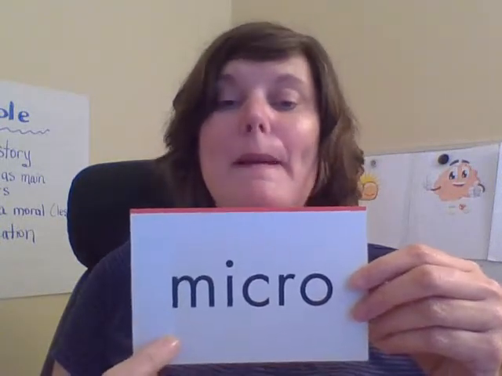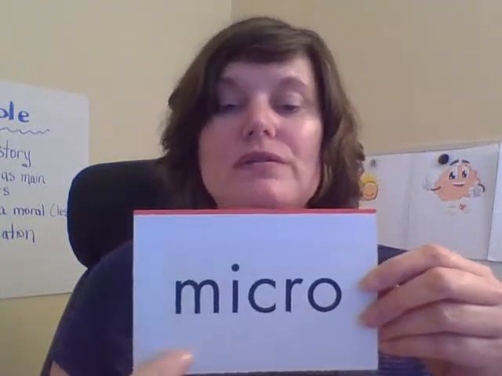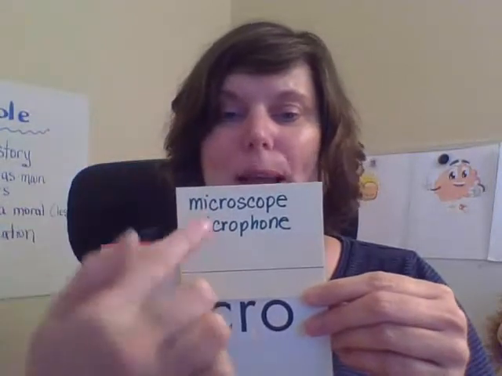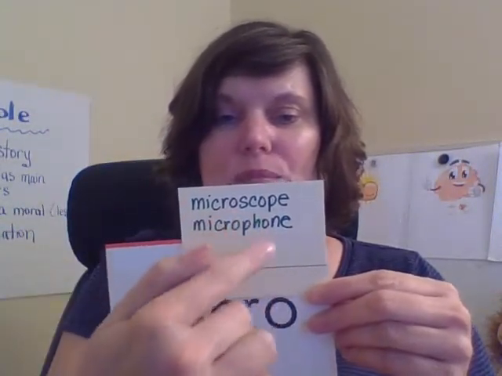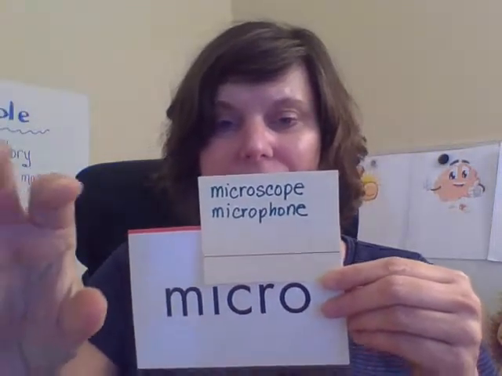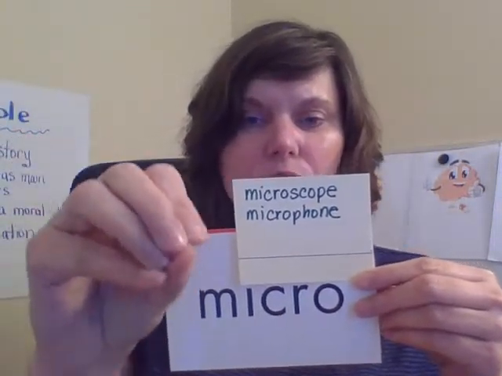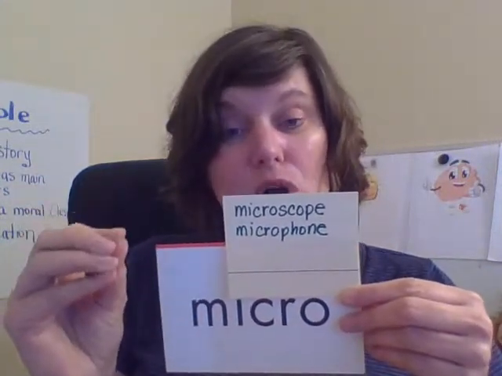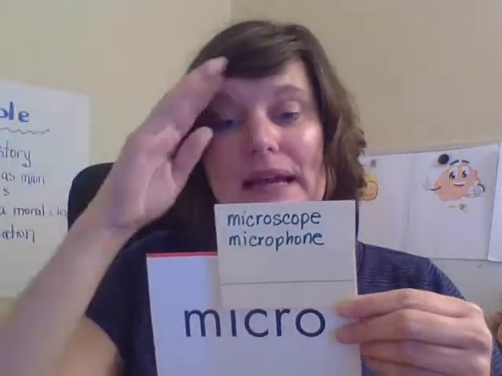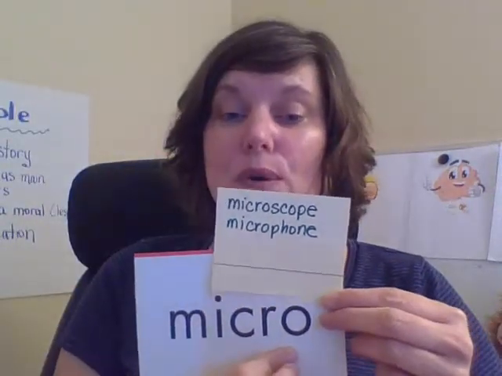Read it with me. Micro. Your turn. Very good. And this means little. So you might see it in words like microscope, microphone. A microscope is something really small that you're trying to make larger. A microphone takes a little voice and makes it louder. So micro means small.